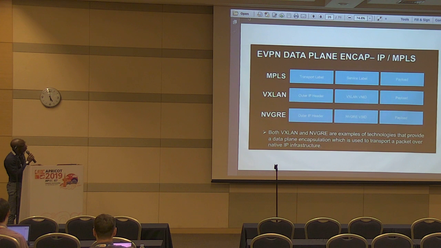For VXLAN encapsulation, you have your outer IP header, your VNI ID, and your payload. For NVGRE, you've got your outer IP as well, because remember, both VXLAN and NVGRE run on a native IP transport underlay. Next you've got the NVGRE virtual segment ID. Both of these are 24 bits. And then you've got your payload.